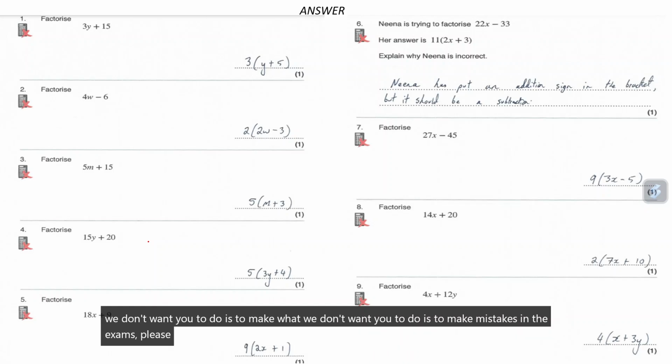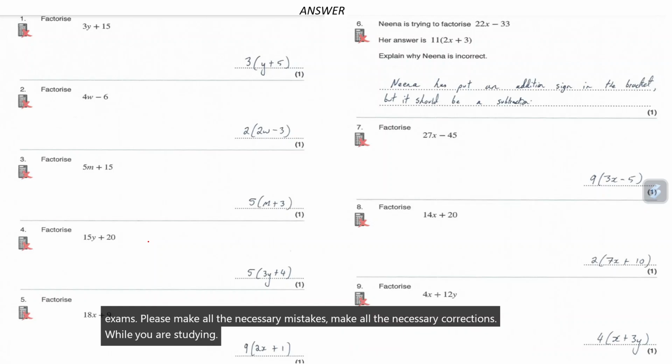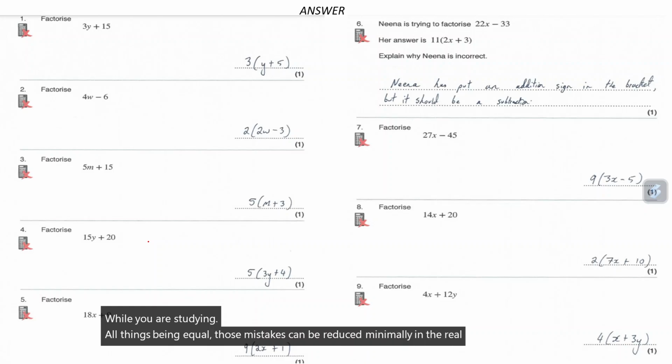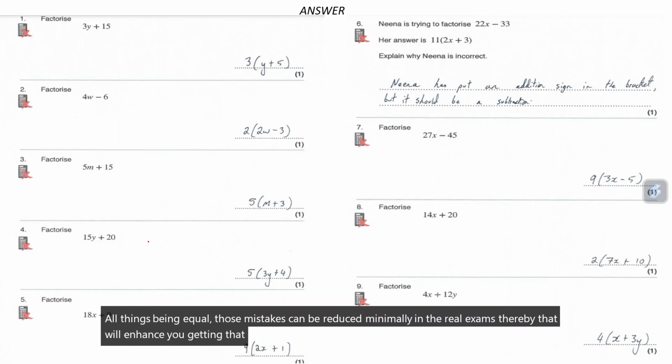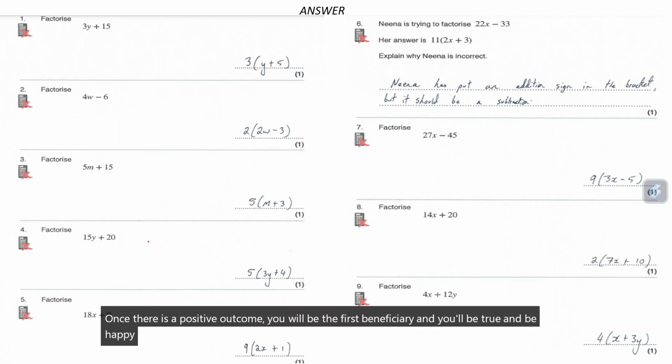Please make all the necessary mistakes and corrections while you are studying, so that, all things being equal, those mistakes can be reduced minimally in the real exams. Thereby, that will enhance you getting that desired grade and a positive outcome. And at the end of the day, once there's a positive outcome, you will be the first beneficiary, and you'll be true and happy with yourself before you can extend it to the next person.